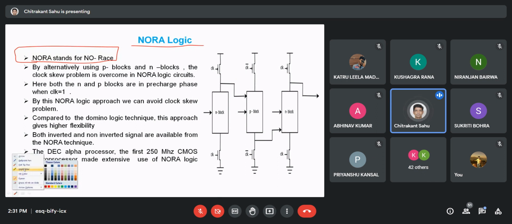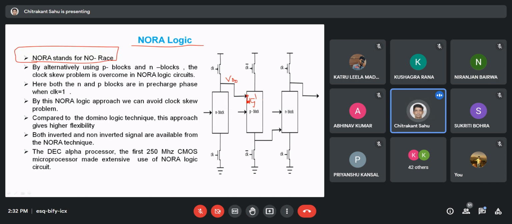In this case, if it is pre-charged, it will always be equal to VDD, and if that VDD goes to the PMOS block, what will happen? If it is connected to one of the PMOS, it is a high logic, so this transistor will not be affected; it will remain off. It will be affected only when we change the input conditions.